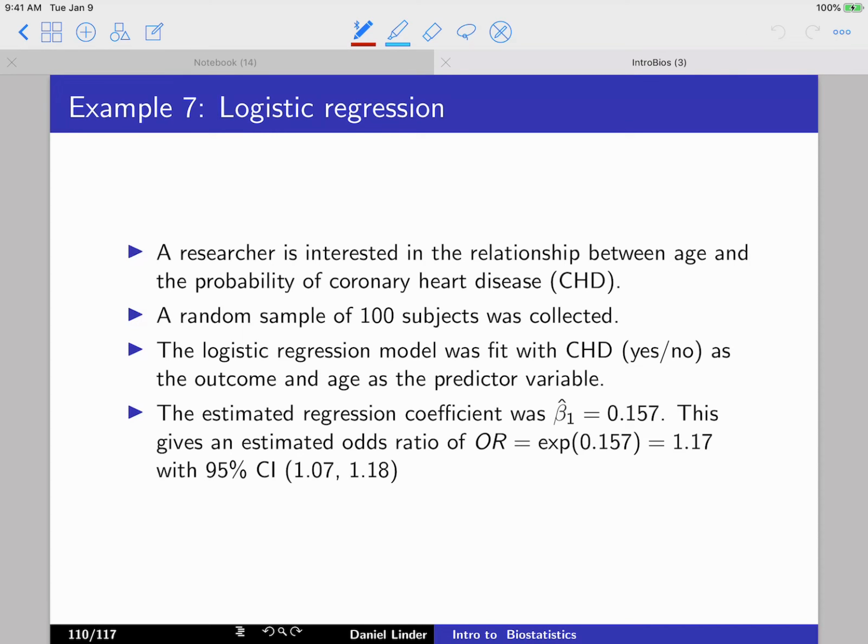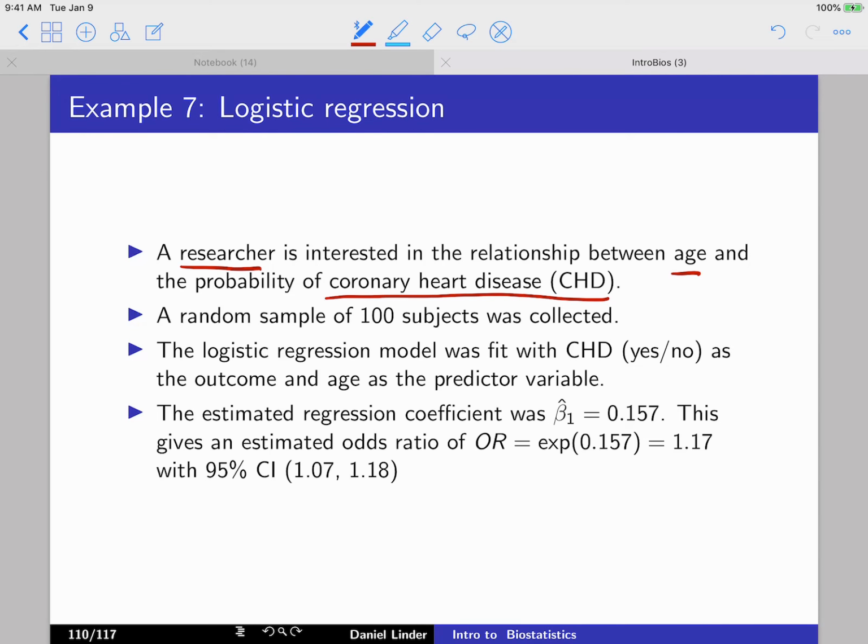So let's look at an example of using logistic regression. The example we're going to look at is a researcher who's interested in the relationship between age and coronary heart disease. Coronary heart disease here is a yes or no: either an individual gets coronary heart disease or does not.